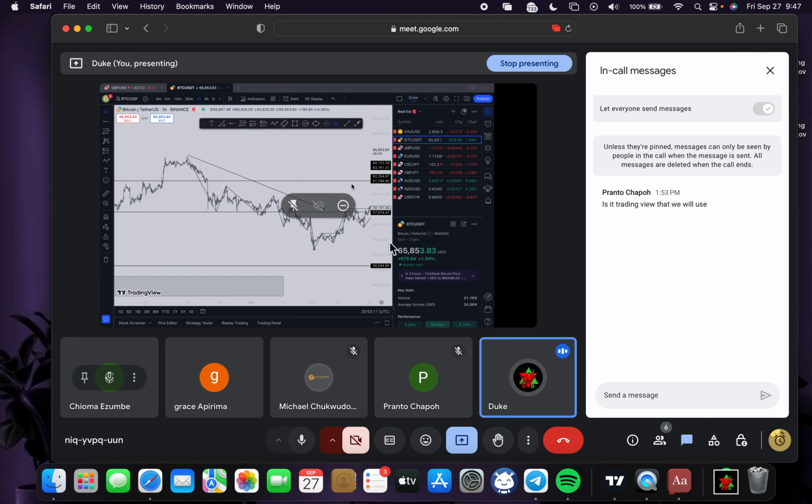Is it TradingView that we could use? Yes, TradingView. Download your TradingView. It can be on your phone, iPhone and Android. I have it on my iPhone and on my Android.